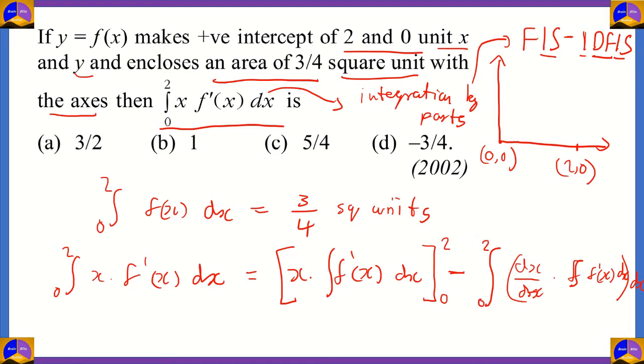So the first large integral gets the limit, the integrals and derivatives inside it don't. So this is how you represent integral 0 to 2 x times f dash x dx. So when you look at it, you will find x times the integral of f dash x.